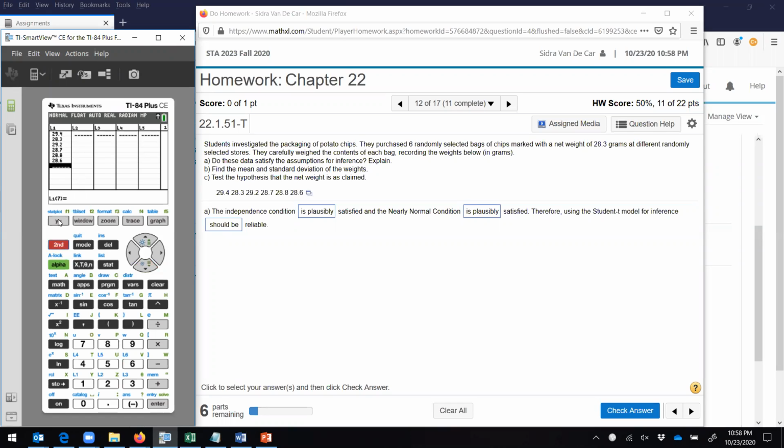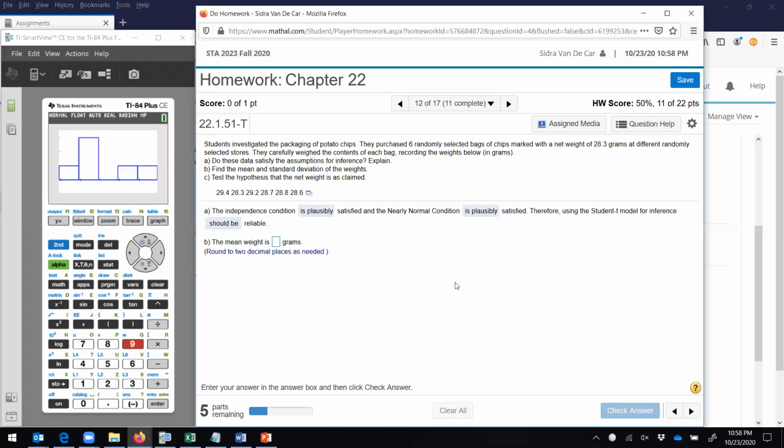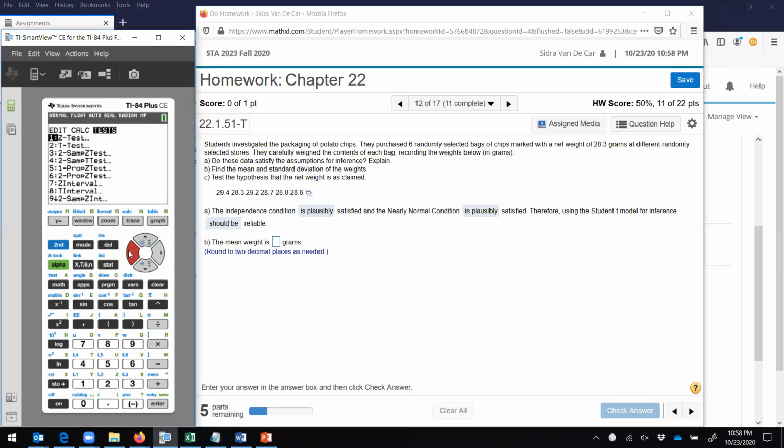And if we go to our stat plot, we're on zoom 9. Okay, yeah, that's very roughly unimodal and symmetric, so our nearly normal condition is plausibly satisfied. We're good. All right, our mean weight.